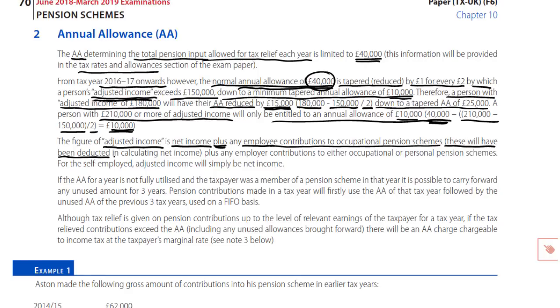Those would have already been deducted in calculating the net income figure. So we're effectively adding back the deduction that we gave on the income tax computation for the employee contributions to an occupational scheme. What we also add to our net income, again another plus here, any employer contributions to either an occupational or indeed a personal pension scheme.